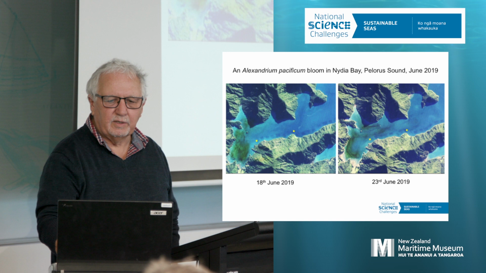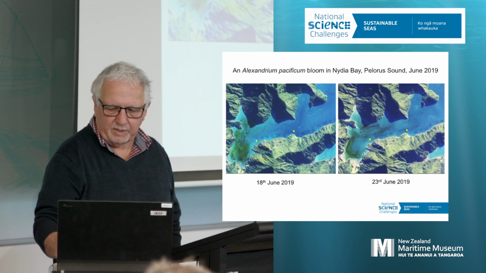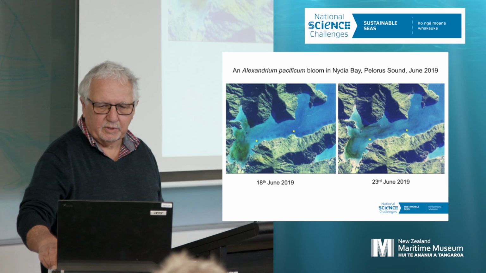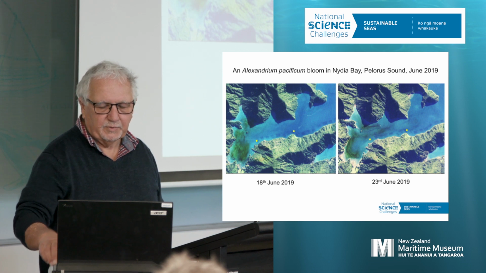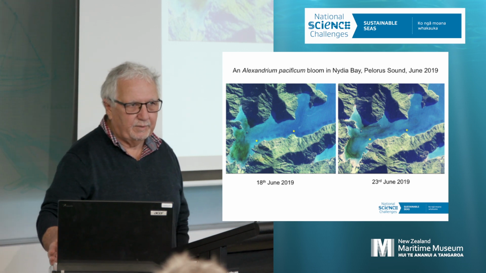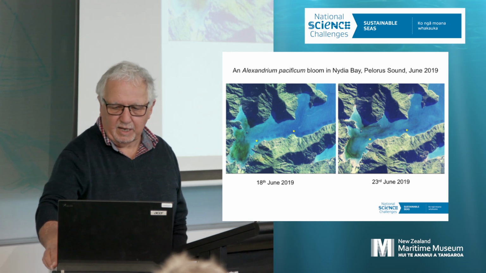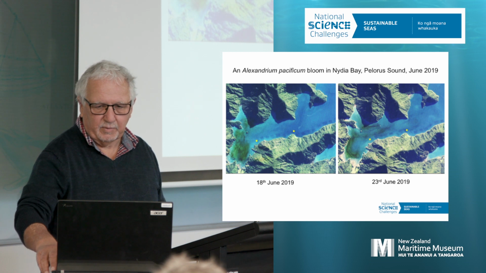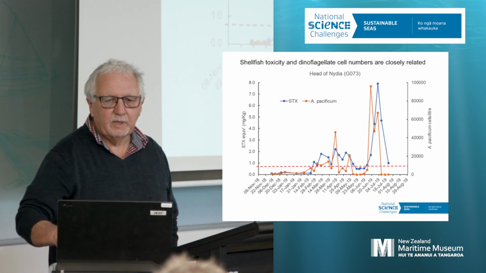Just to point out, along this coast here, you'll notice there are these shadows. That's a continuous line of mussel farms along that area. This is actually one of the areas where mussel farms were first developed in the Marlborough Sounds. So it had no problems for over 30 years. Suddenly it's now got a major problem, and they haven't actually been able to harvest in here really for nearly a year.